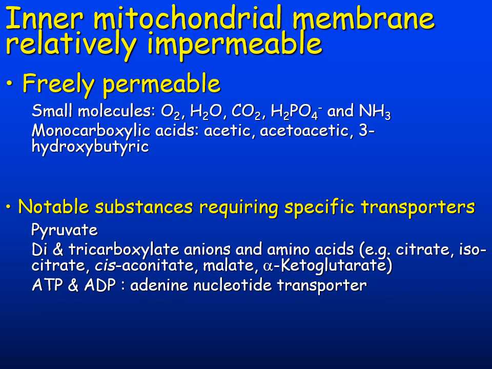But down here, you can see a list of notable substances that do require specific transporters to pass through the mitochondrial membrane. This includes things like pyruvate, also citrate and isocitrate, and a number of other intermediaries of the TCA cycle, and also ATP and ADP.